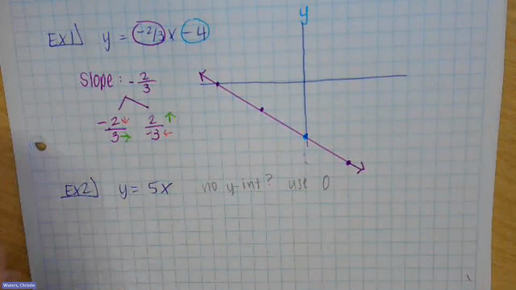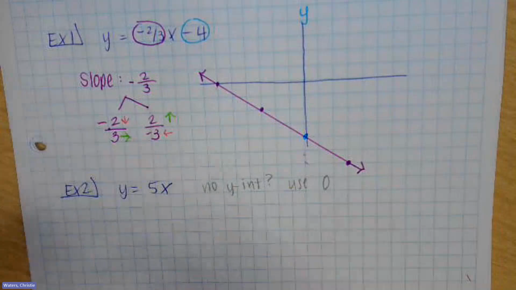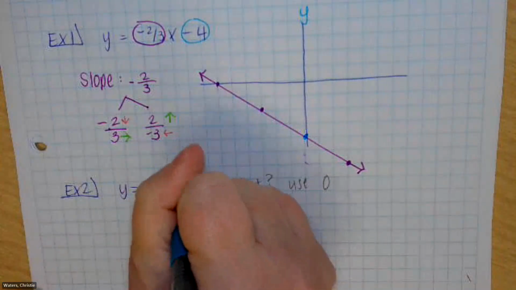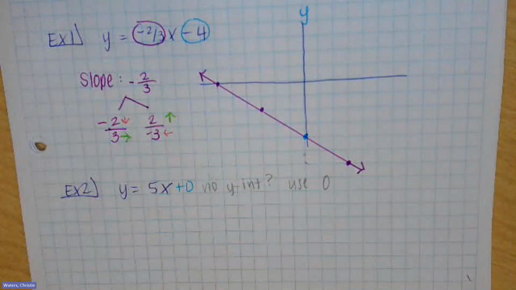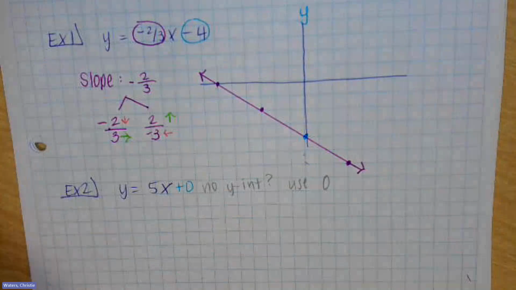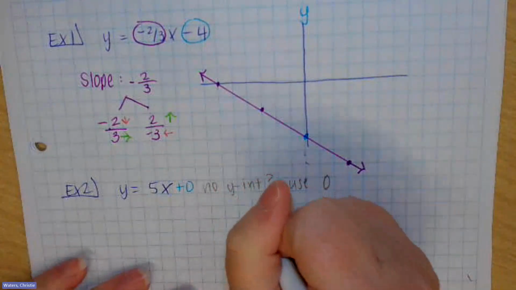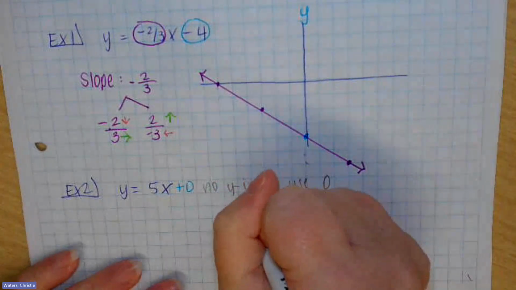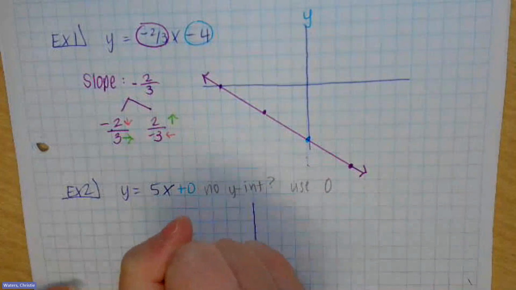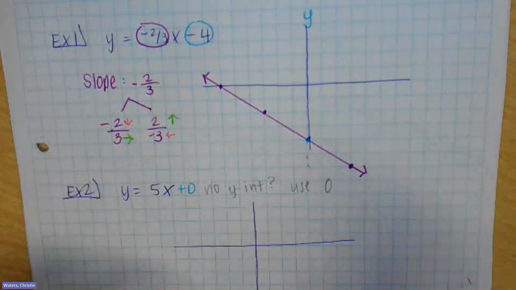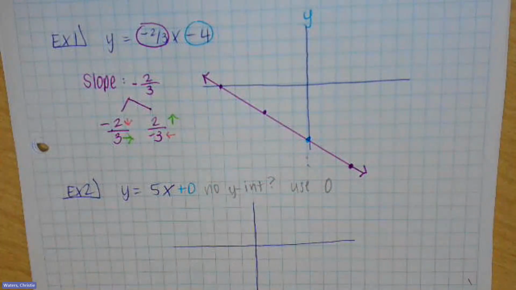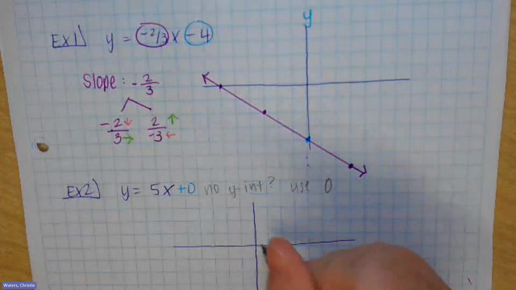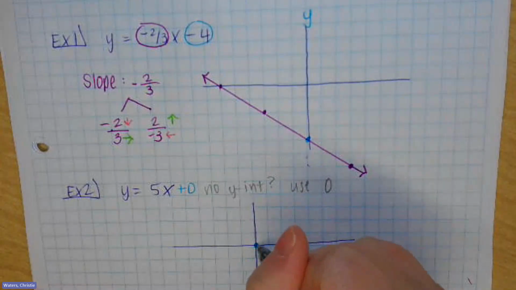All right, so I'm going to go ahead and just add it on myself. We're going to have a y-intercept of 0. Now you can do that when the y-intercept is missing. You cannot do that when the slope is missing. But I'll tell you what to do when the slope is missing in just a minute. Okay, so my y-intercept is at 0. So that's right in the center.